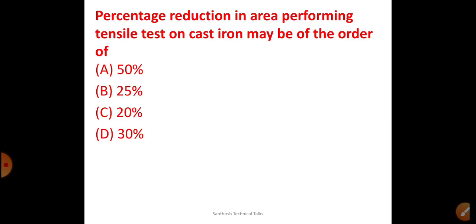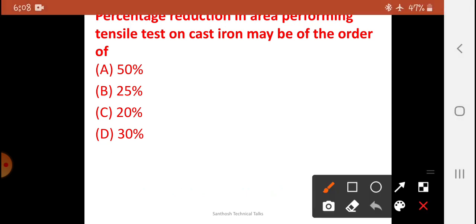Okay. And a very superb question. The percentage reduction of area when performing a tensile test on cast iron may be in the order of. So percentage area reduction. You may notice this is cast iron.